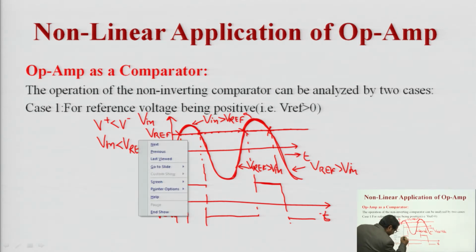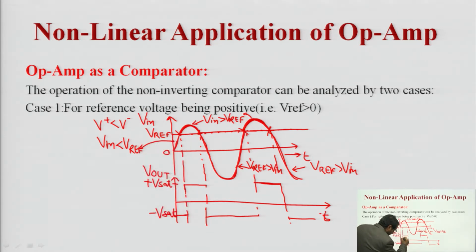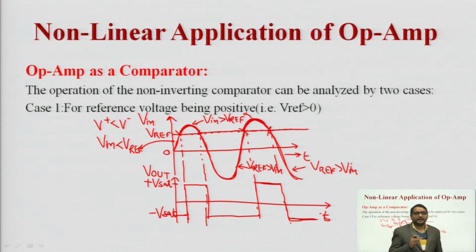Then we connect these values. So, we get a square wave at the output side. Basically, a comparator is a wave converter which can convert a sinusoidal wave into a square wave.